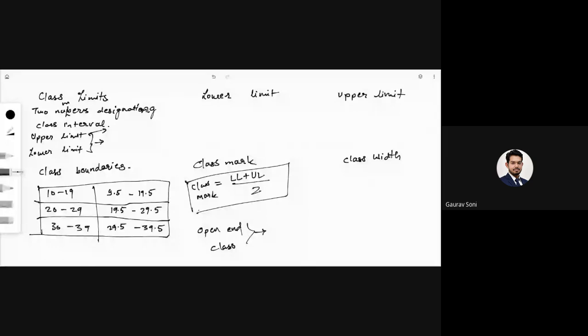Then class width. Upper limit minus lower limit. This will give you the class width.